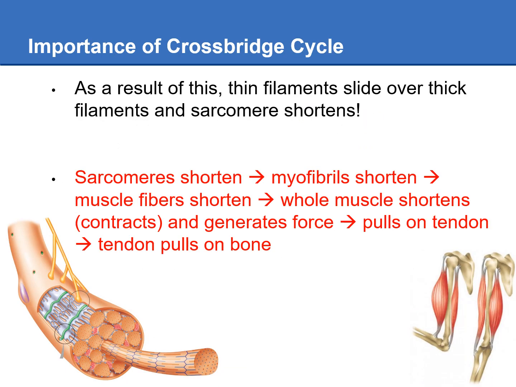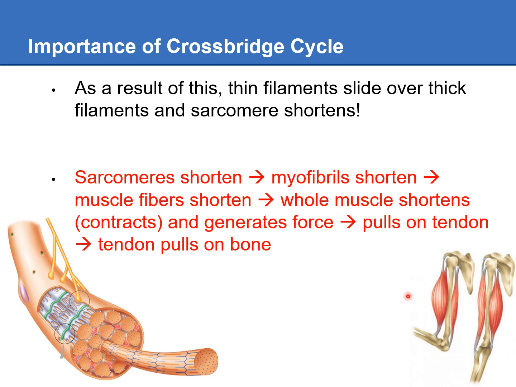So the importance of the cross-bridge cycle is that the sarcomere is going to shorten. And remember that in our myofibril, we've got these sarcomeres just lined up end to end along the whole length of the myofibril, which runs the whole length of the muscle cell. And so all of these sarcomeres will be shortening, and then the whole myofibril will shorten, and all of these myofibrils in the muscle cell will be shortening.